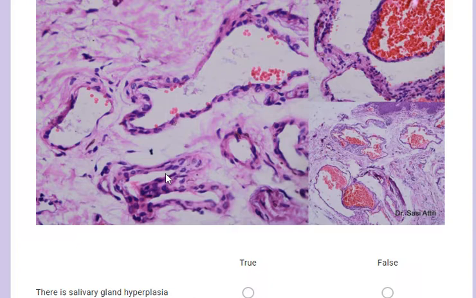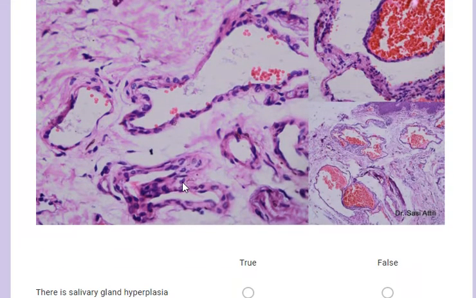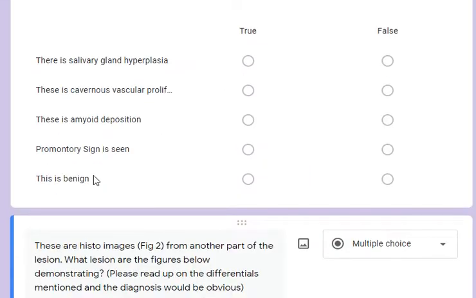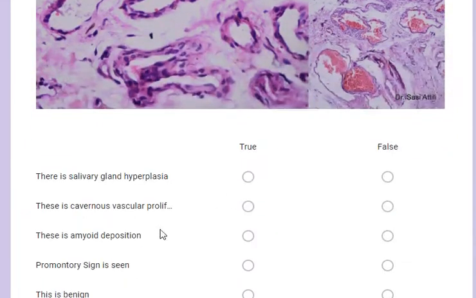You can Google this later on, and you can look up what this sign is. It may be seen in other reactive vascular proliferations, but it's more specific for Kaposi sarcoma. But yeah, the specificity is not absolute. This is benign. Yes, it's likely to be benign. As I said, it is unlikely to be malignant.